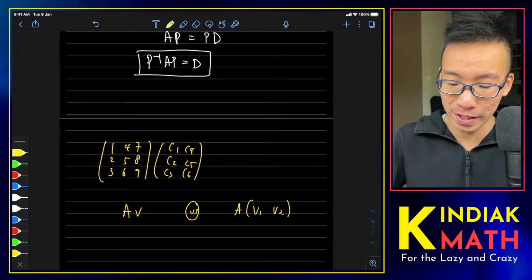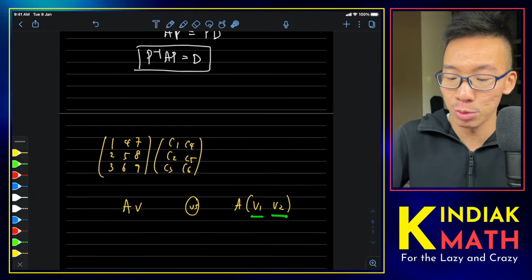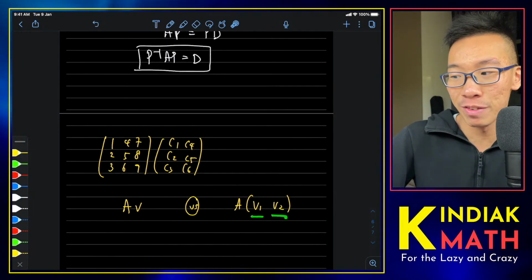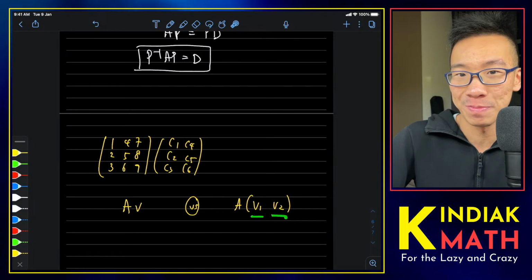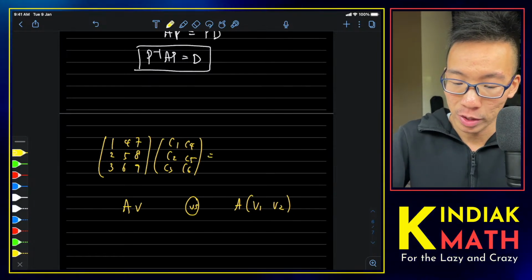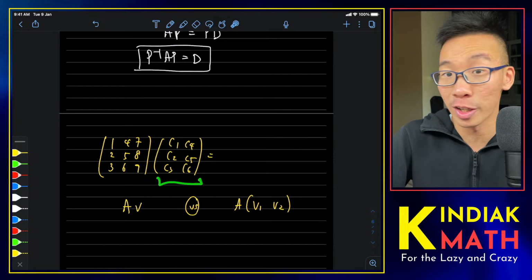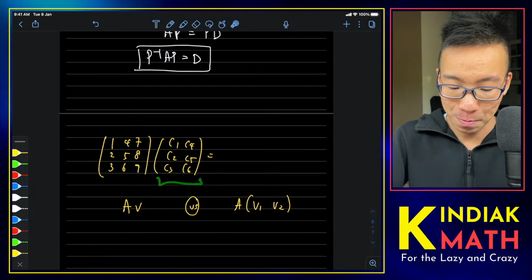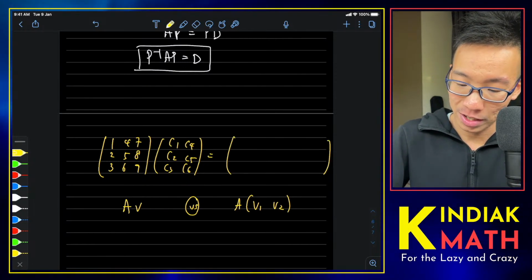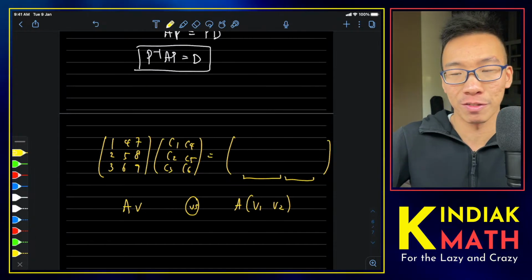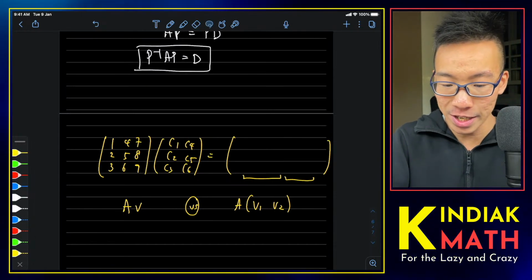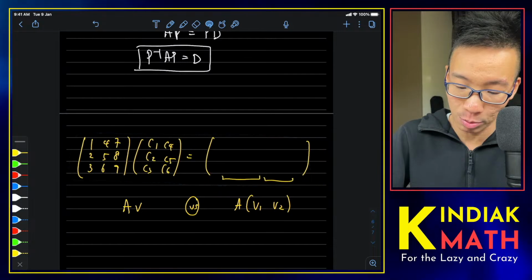So the key trick here is to treat these as two different recipes for two different dishes. What do I mean? How many dishes are you cooking? You're cooking two dishes, so we're going to prepare two dishes for ourselves here. In each dish, what recipe are we using?